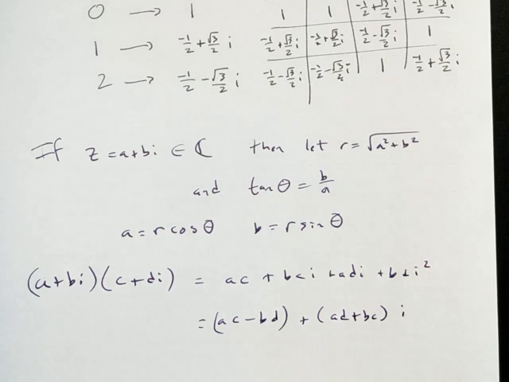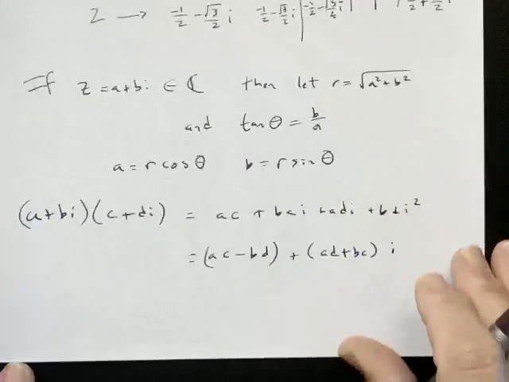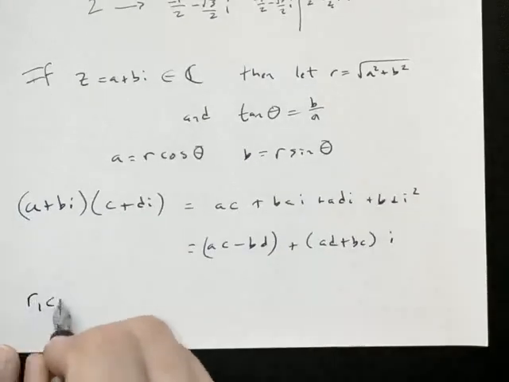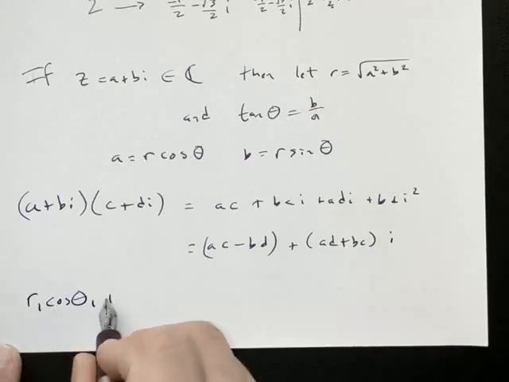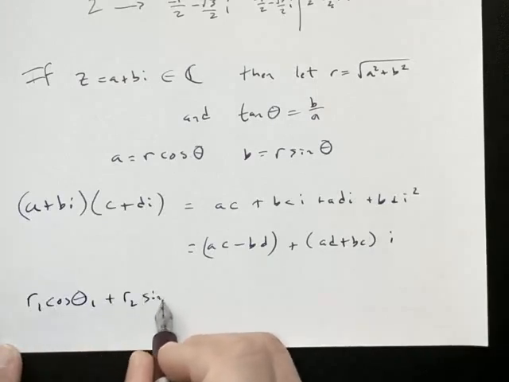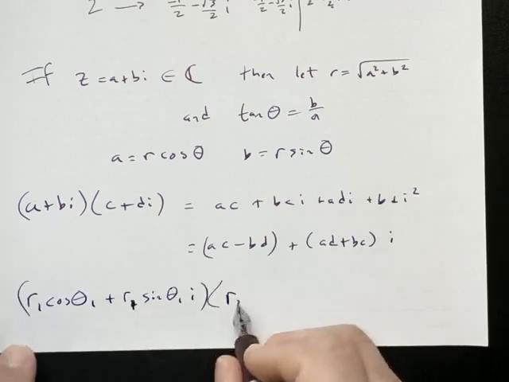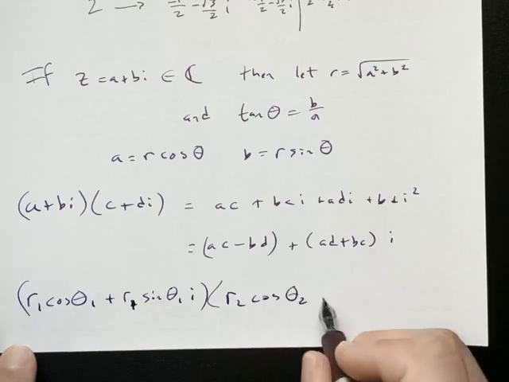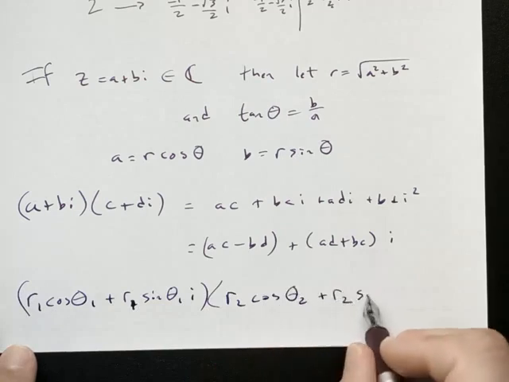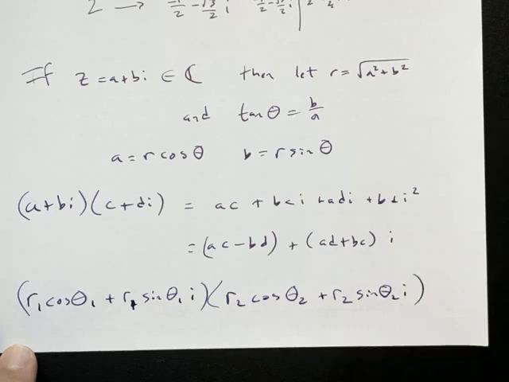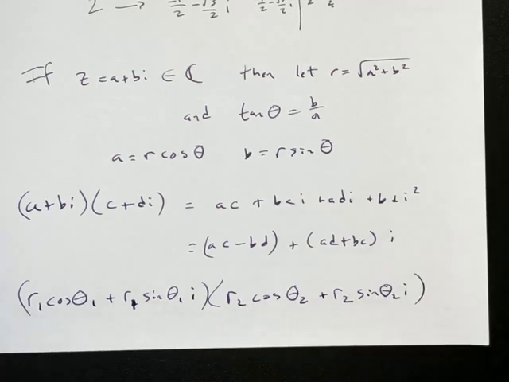But if I replace A and B by r cosine theta and r sine theta, and I replace C and D by their versions of r and theta, I could do the same thing here, right?